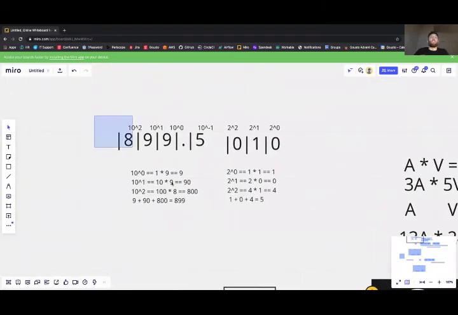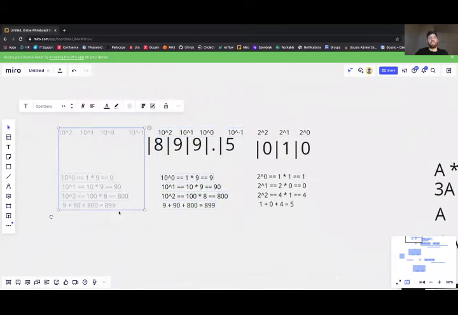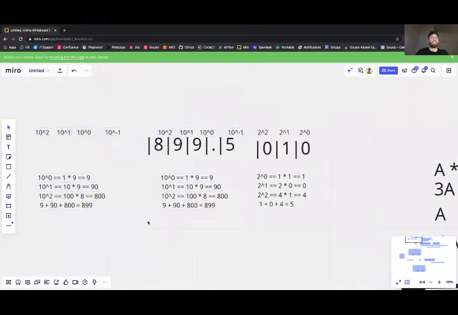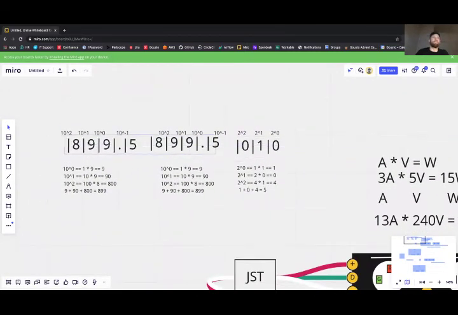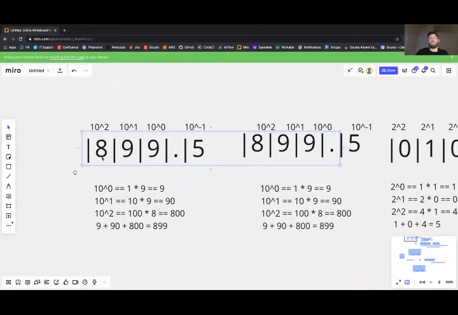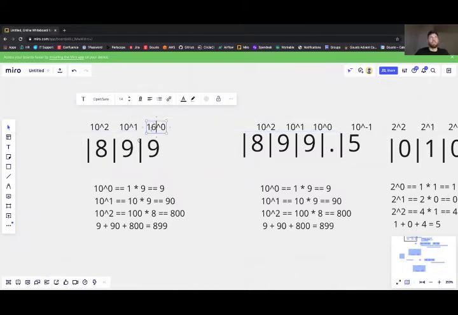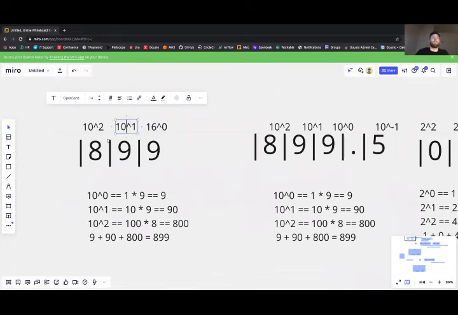Let's do one more example. Let's talk about a base 16 number system. And this is getting really freaky, but it's relevant to the color theory that we'll be talking about later. So let's imagine this is 16 to the power of 0, 16 to the power of 1, and 16 to the power of 2.